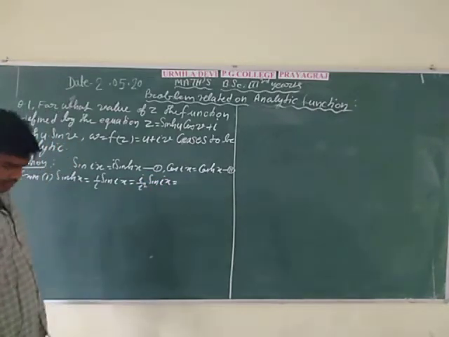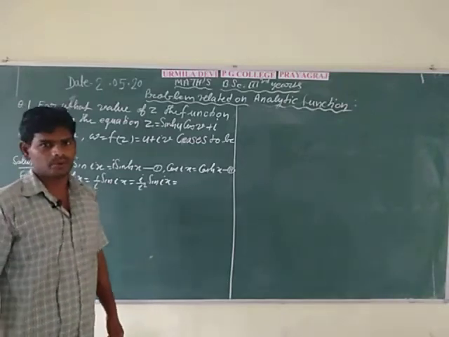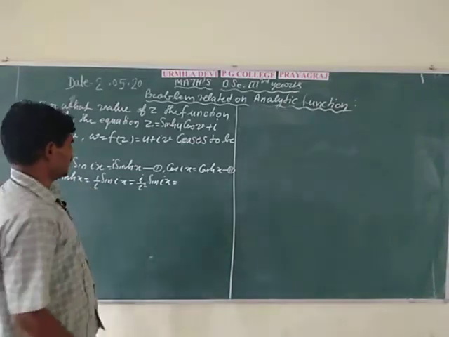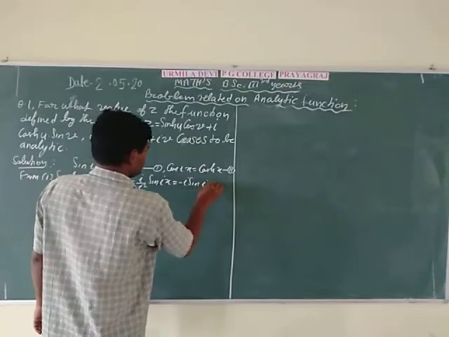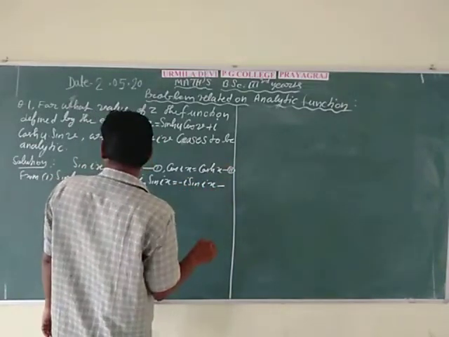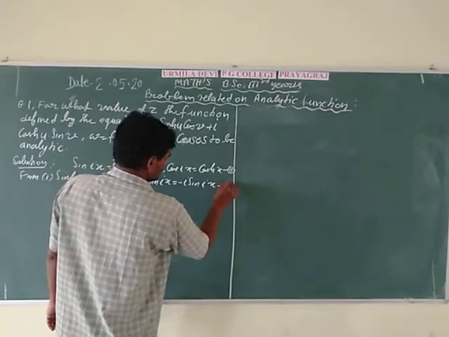The value of i² is -1, therefore putting this value here, sinh x = -i sin ix, which is regarded as equation third.